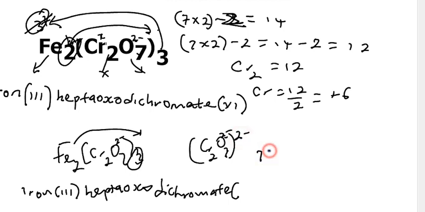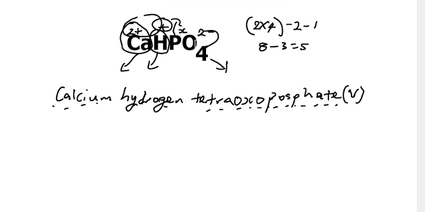That's 7 times 2 of the oxygen minus the 2 for the net charge, which is this. So the 2 comes from here. The reason why I'm using this here is because there's an exchange of charge here. In the other compounds I did not use it because there was no exchange of charge.